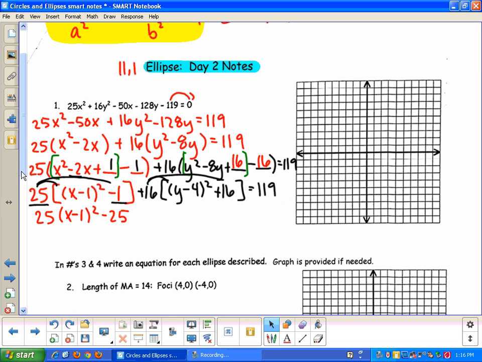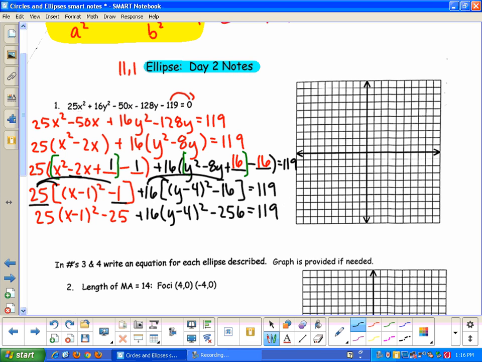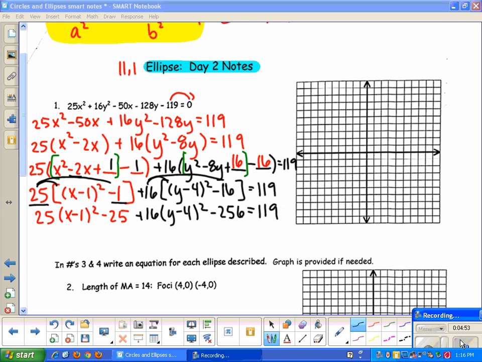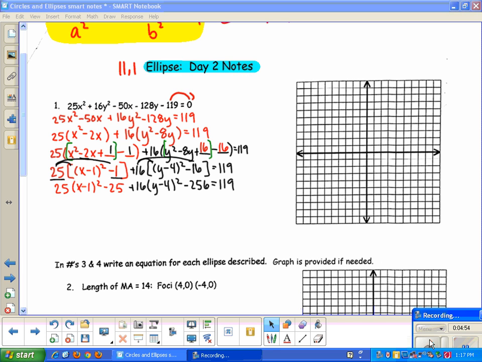And then I have plus 16 times y minus 4 squared. And then 16 times 16 gives me 256. And that should have been minus 16. I didn't realize I wrote the plus there, because it's always minus the number. So minus 256 equals 119.